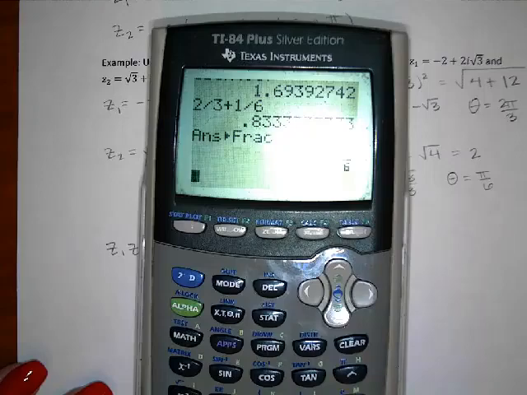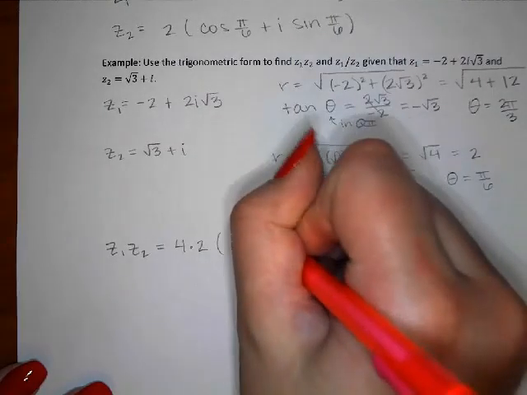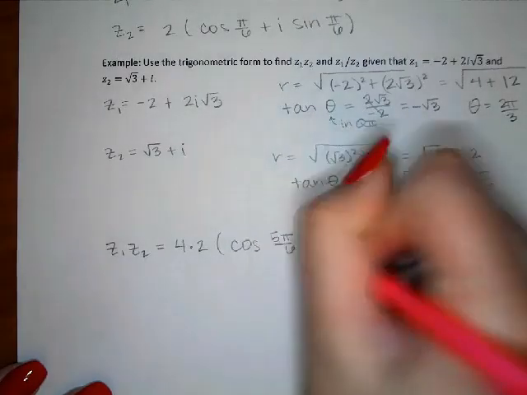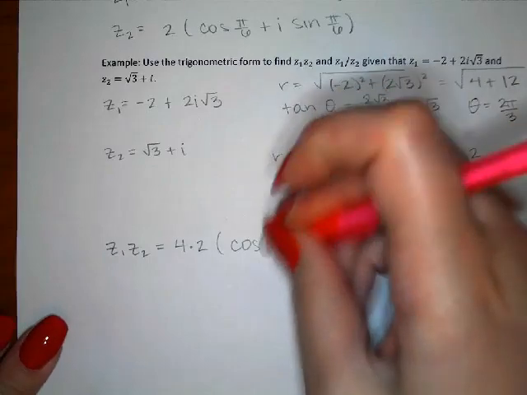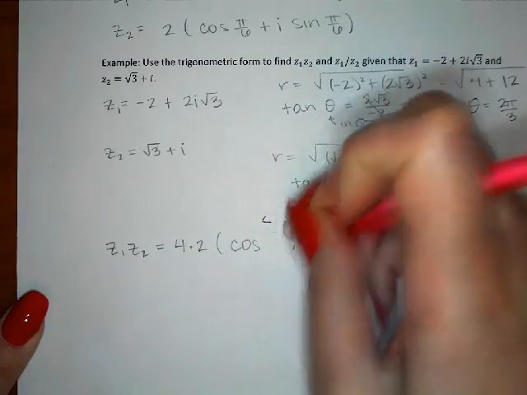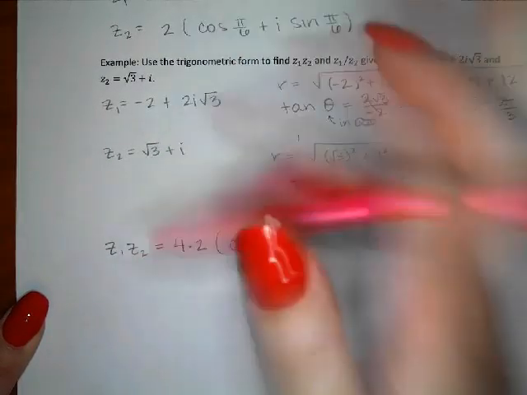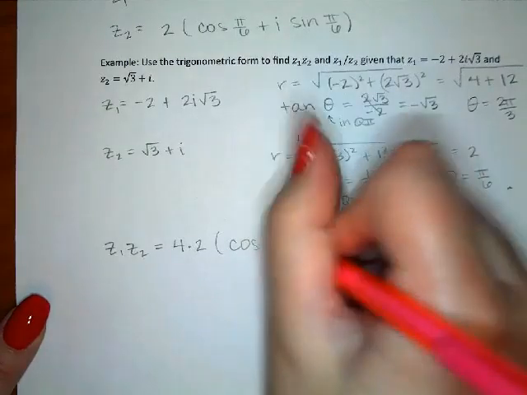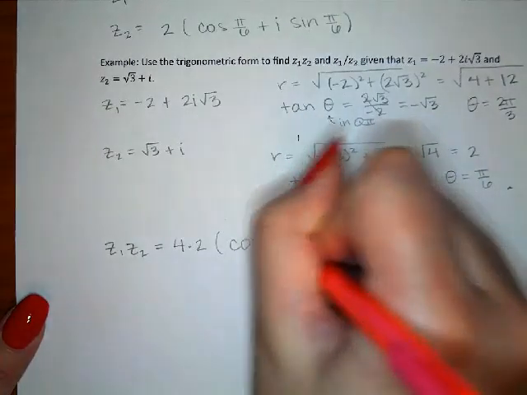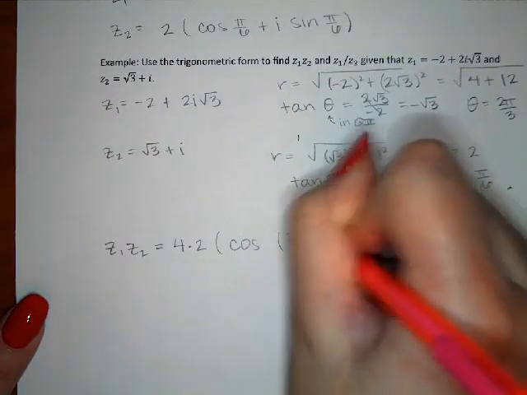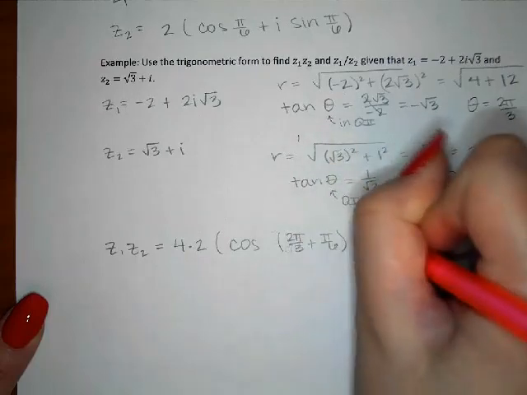Since these are my notes, I'm going to make sure that I'm showing my work well so that when I look back at my notes, I know what I did. So I'm going to write 2 pi thirds plus pi over 6. And then I'll go ahead and write what I actually got.